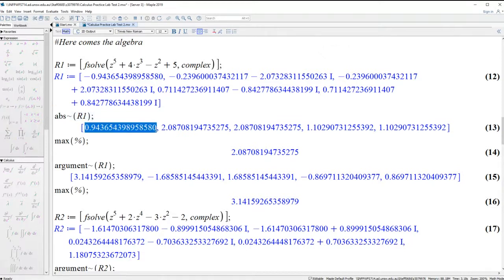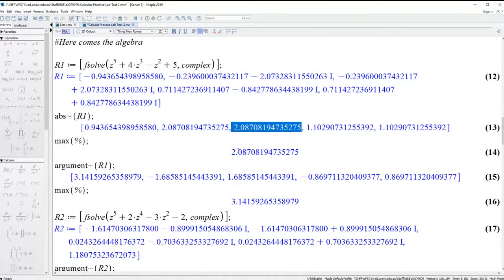And you can see these are the different moduli for each of these solutions. Then the last thing I want to do, or I can also do it by just looking at it, is to find the biggest one. You can see that I've just put in max there. That's going to be the biggest one, and this one and this one are the same.